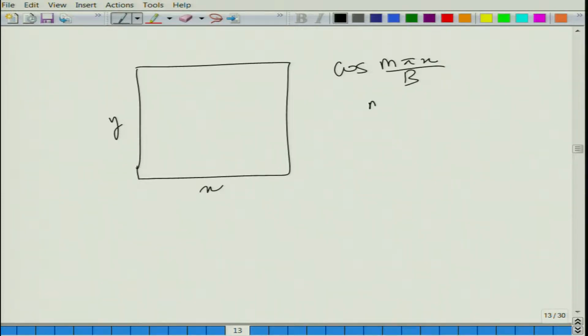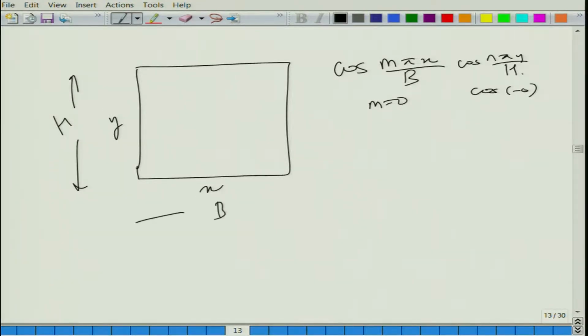When m is equal to 0, this is cos of 0, which is just 1. That is a planar wave mode, which should come out very nicely, as we discussed a while back. Now when y is equal to 0, you get the planar wave mode.